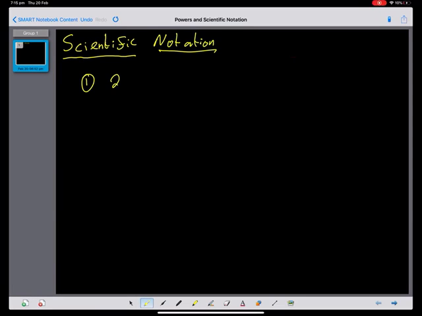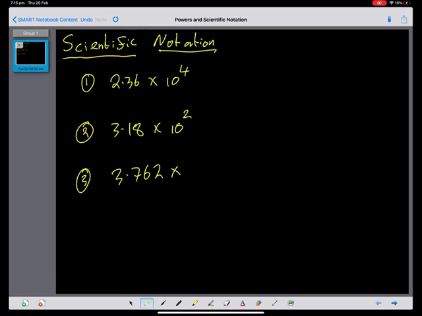So let's do 2.36 times 10 to the 4, 3.18 times 10 to the 2, 3.762 times 10 to the 3, 1.289 times 10 to the 6.